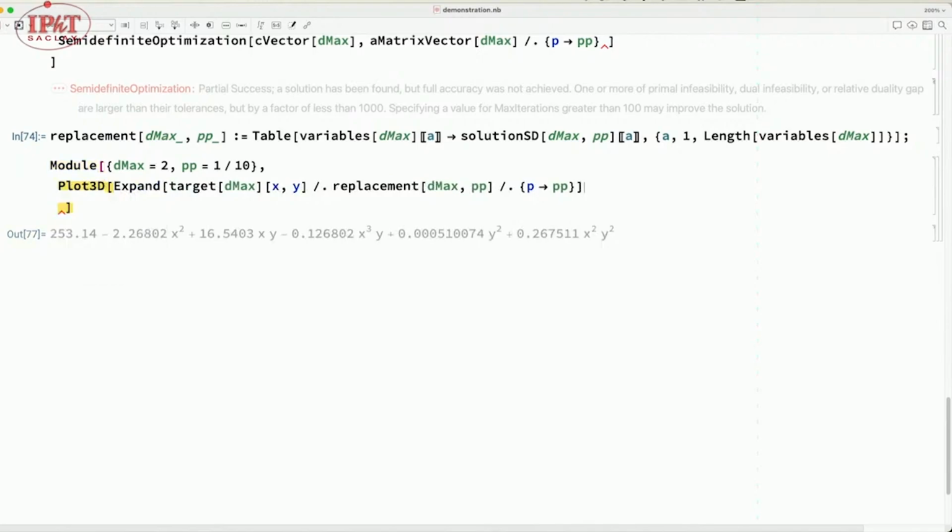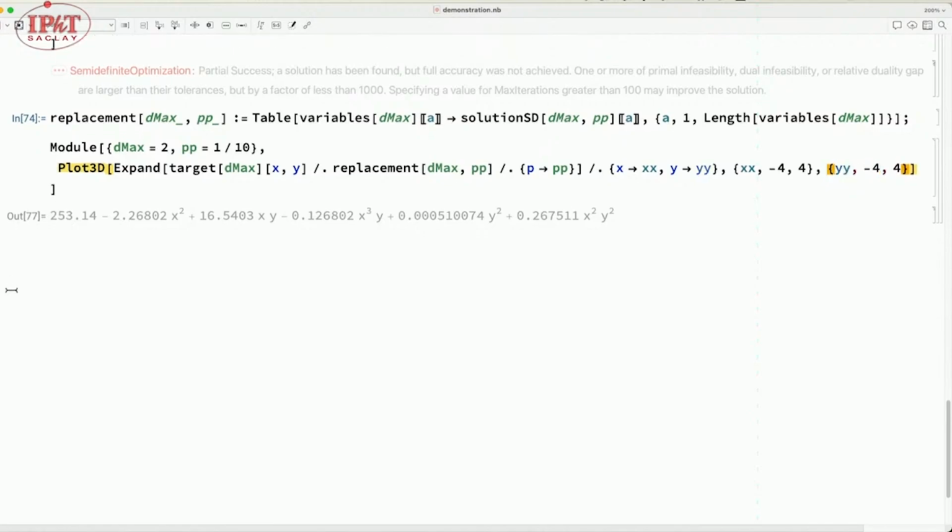It's a polynomial function of two variables. I'm not sure that it's going to work unless I do this. You need to kind of replace x by x to do a workaround. And let's plot x from minus 4 to 4, y from minus 4 to 4.